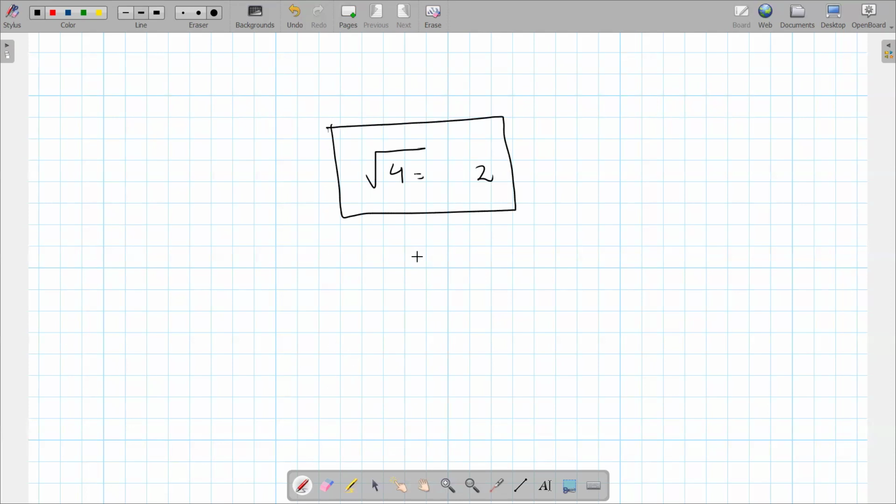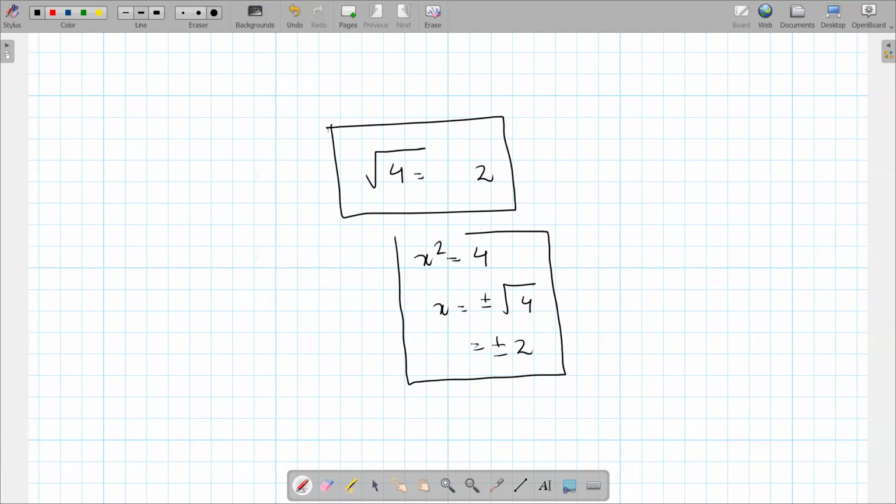But if you have an equation, then x is the square root of 4, plus minus 2. So make this distinction. When you're solving for an unknown, it's going to be the plus minus. But if someone asks you what's the square root of 36, well, it's 6, okay?